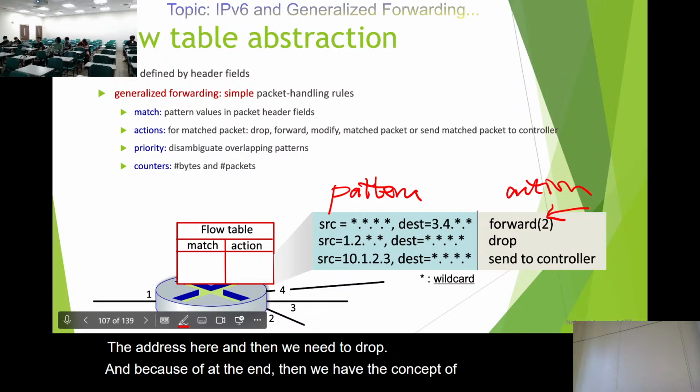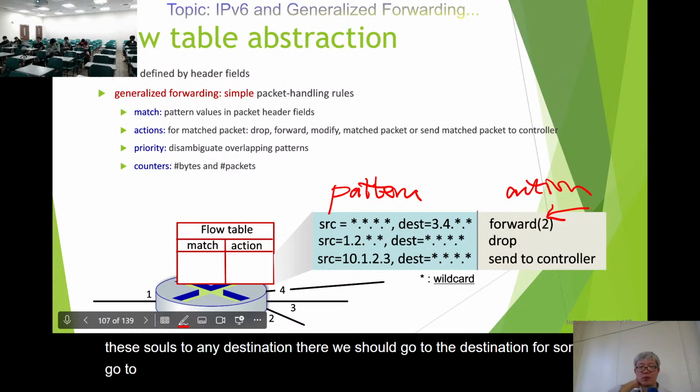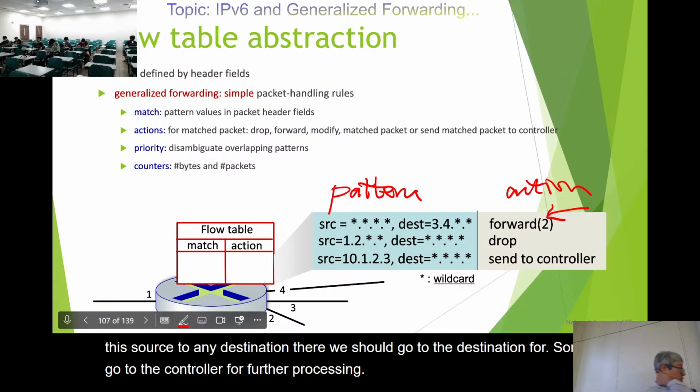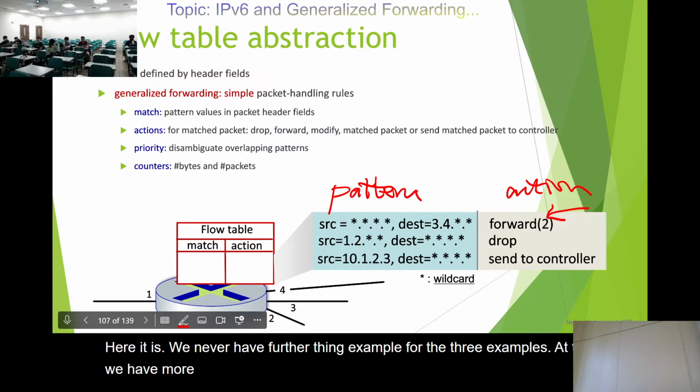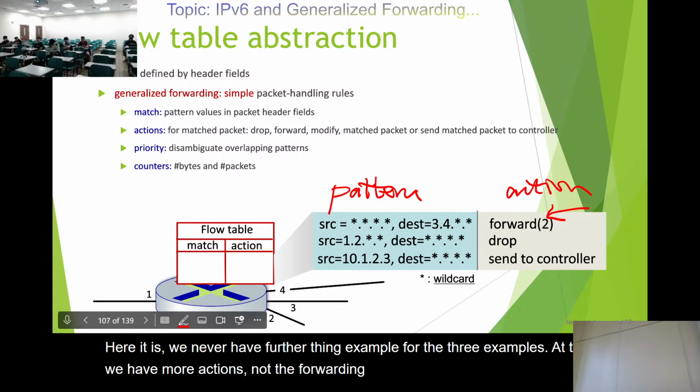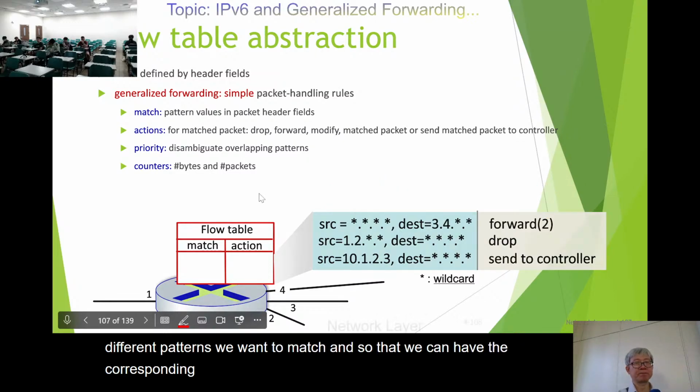So from this source to any destination, we should go to the controller for further processing. Well, here at least we already have the three examples. For the three examples, we have more actions, not the forwarding only. And also we can have the different patterns we want to match, so that we can have the corresponding action to be taken.